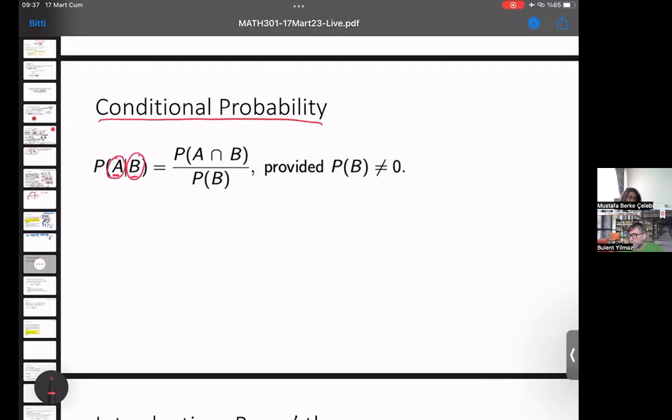So I am trying to find out the probability of obtaining A and B. A and B should occur together under the condition that event B has occurred. So we are finding out the probability out of the given probability. That's what we did in the previous examples.